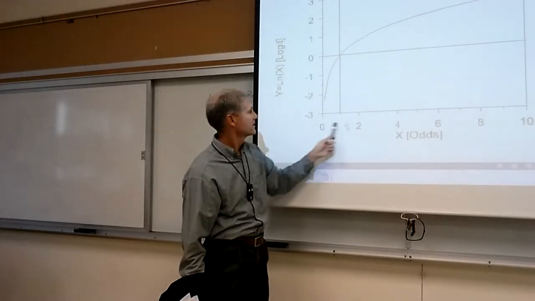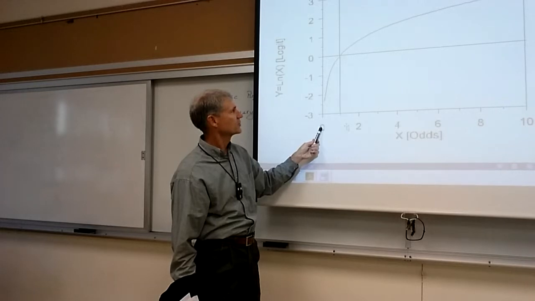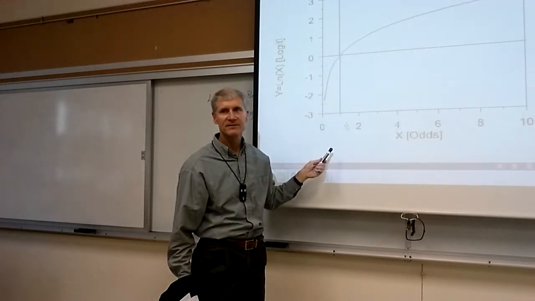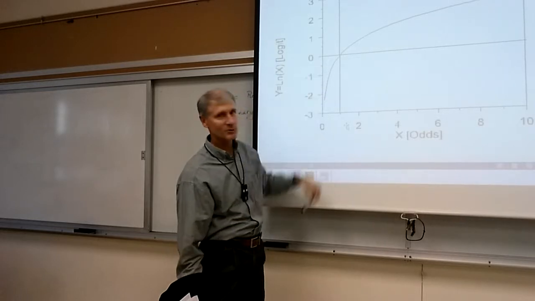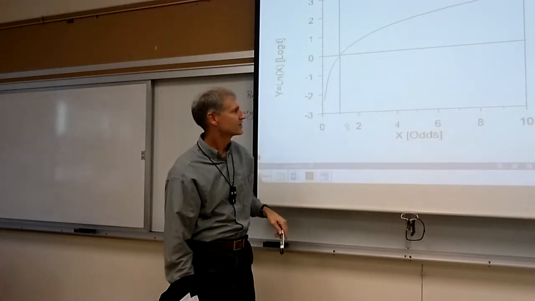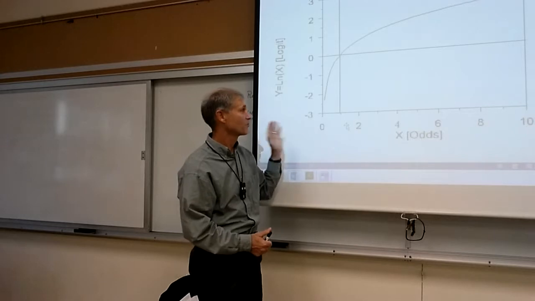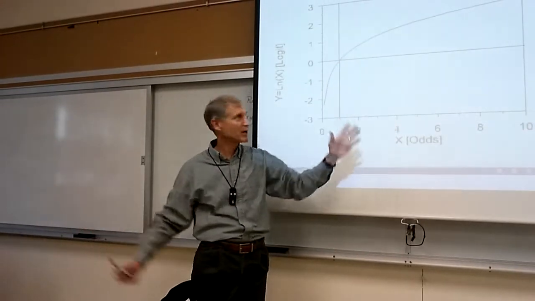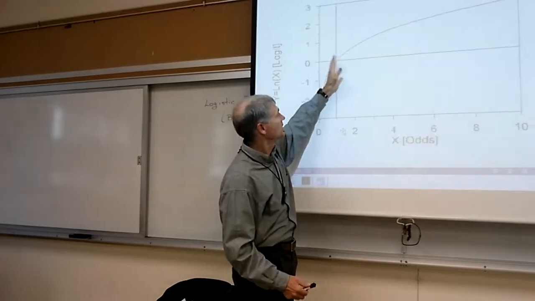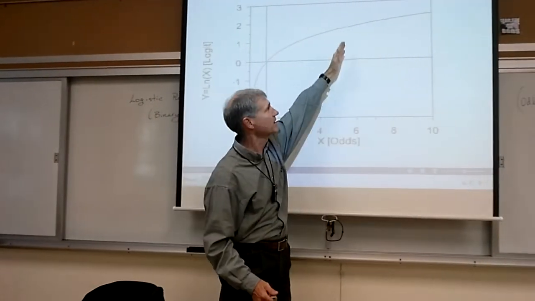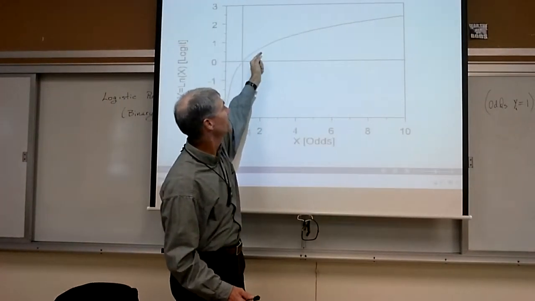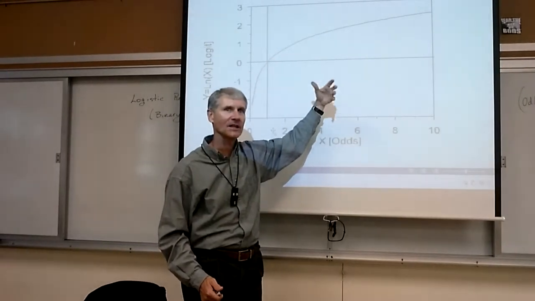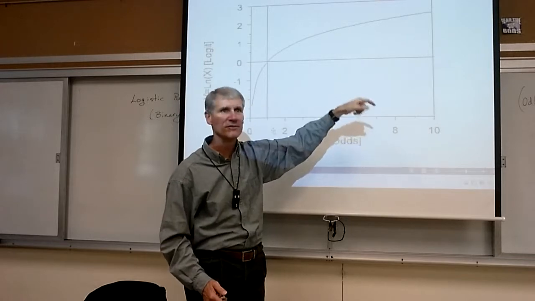If the odds get close to 0, what happens to the log of the odds? They shoot down towards negative infinity, right? So the log of odds can go from negative infinity to infinity. You get back the whole range. But it's generally this part of the curve that we're interested in. And after you get out here very far, that thing is pretty linear. So it works pretty good to fit linear regression to the log of the odds.